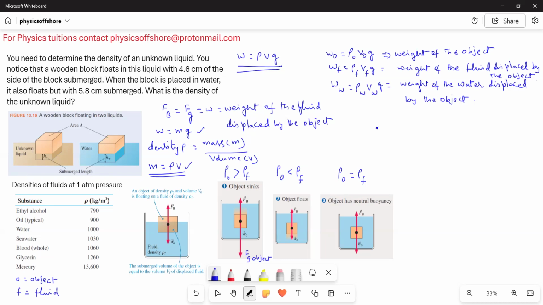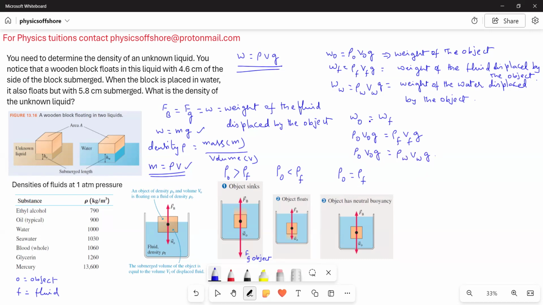Then I will write this for the fluid and also for the water. So Fb is equal to Fg. Am I right? So W object is equal to W fluid. So rho naught V naught g is equal to rho F V F g. And similarly for the water, rho naught V naught g is equal to rho water V water g.